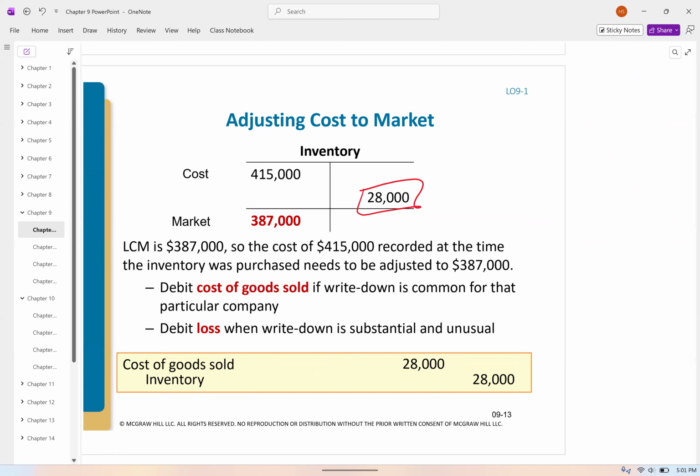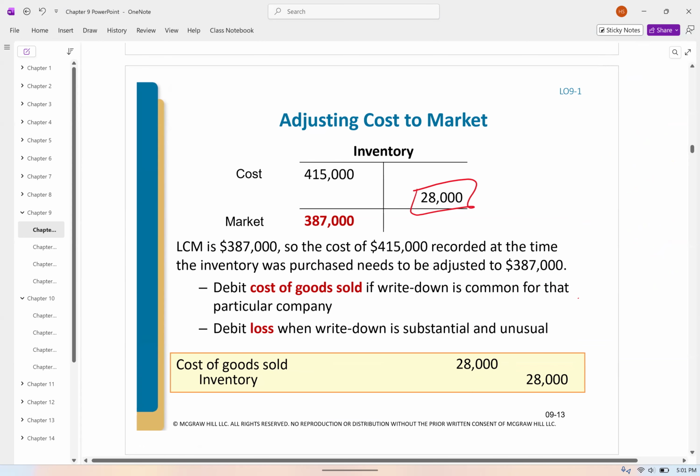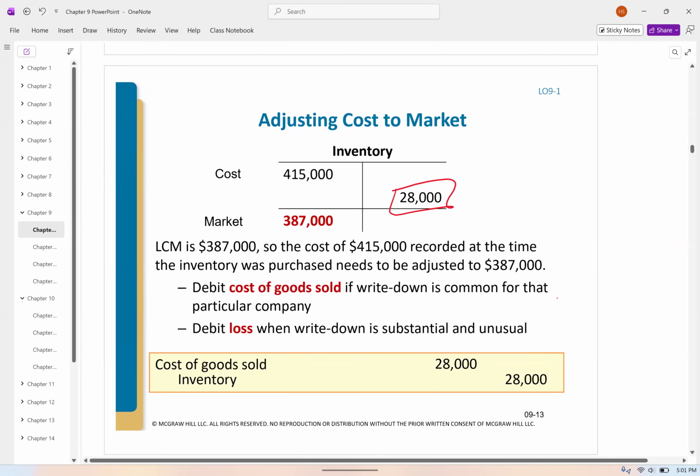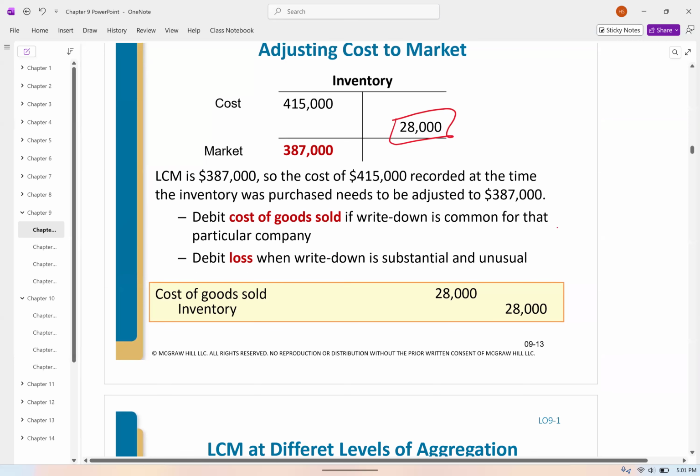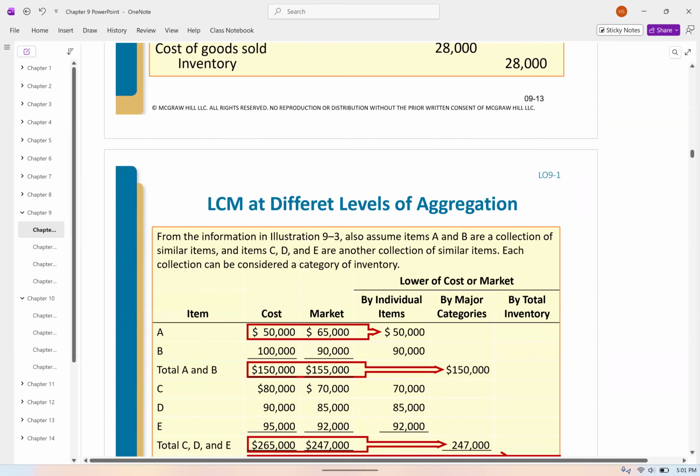So remember, if this is a common one, that's fine. We're going to record it just by bringing the dollar value of the inventory down. If it's a lot, we're going to use a loss on inventory, and it'll be like an unusual, infrequent event.